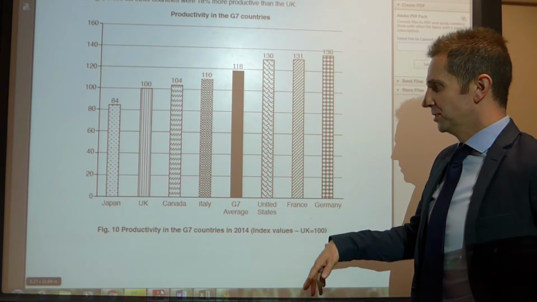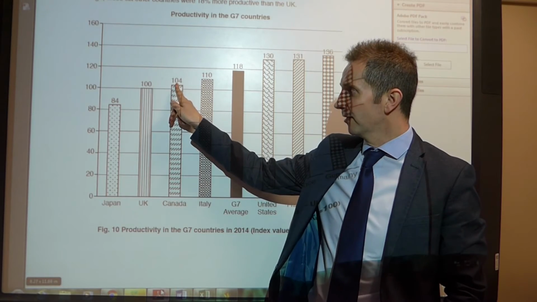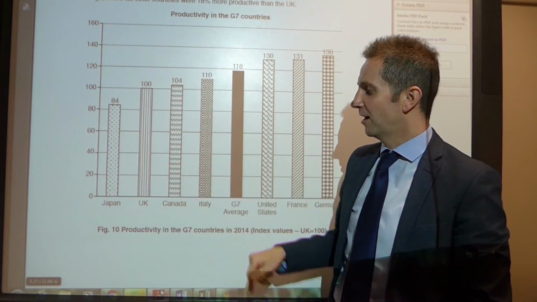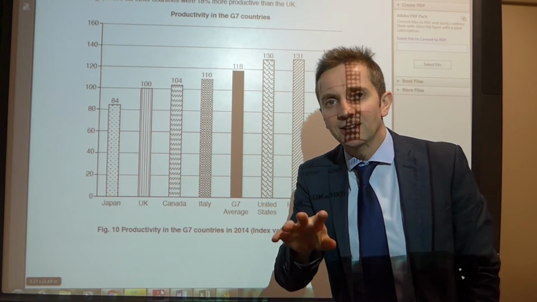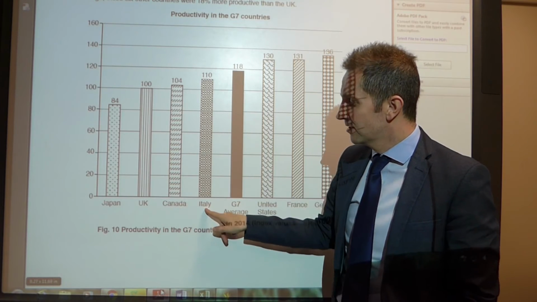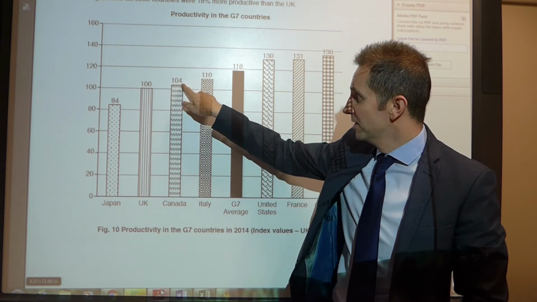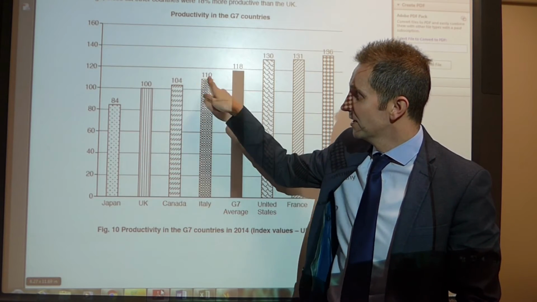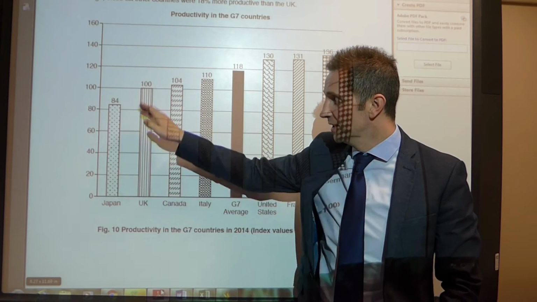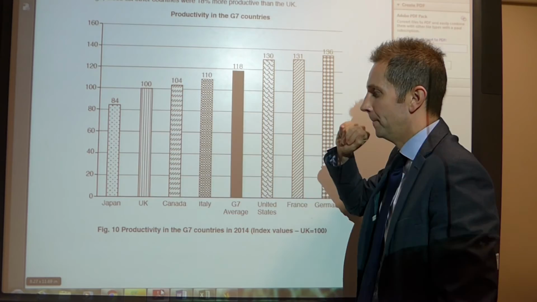So we've got these countries. So we can say, for example, Canadian productivity is 4% higher than the UK. We can say that Italy's productivity is 10% higher than the UK's. Now what we can't say, ladies and gentlemen, is that the difference between Canada's and Italy's is 6%. Now the reason that we can't simply take one from another is that neither of these is the base year country which has the value of 100. This is the point from which all the comparisons are made, so do be very careful on that.